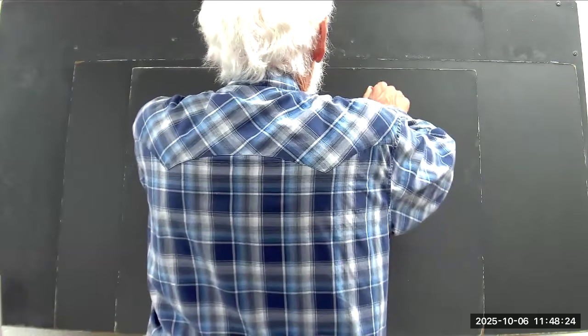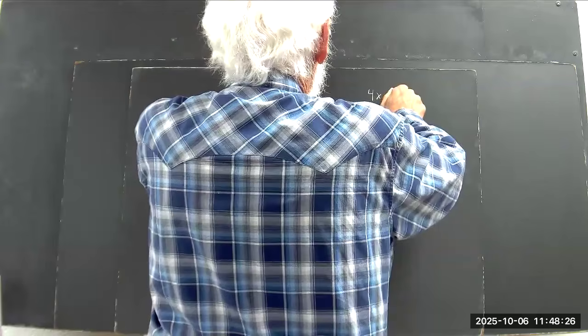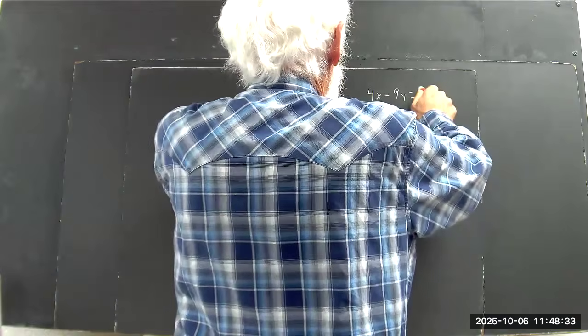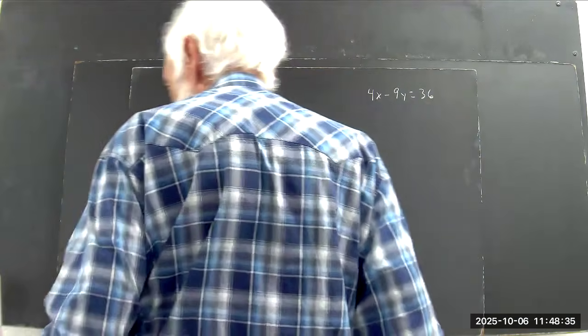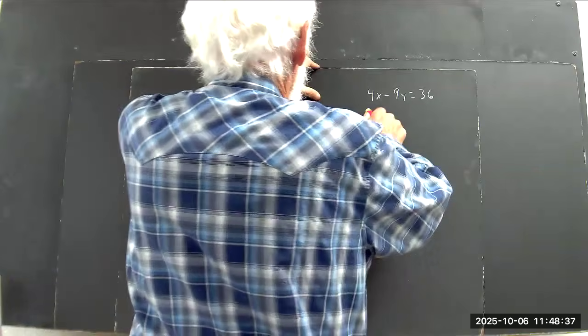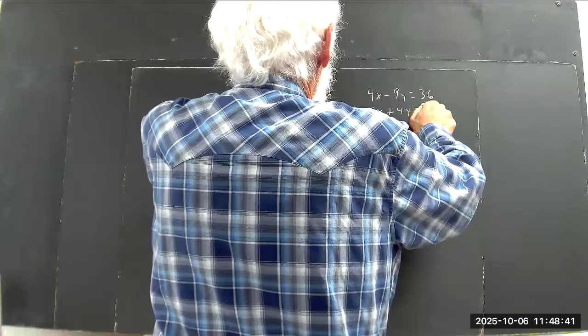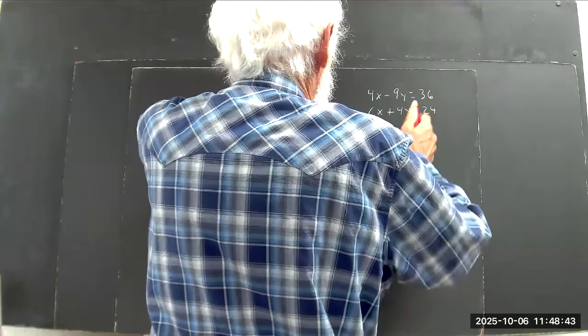Okay, now I want to go on and solve the first system that we had. 4x minus 9y equals 36, and 6x plus 4y equals 24.